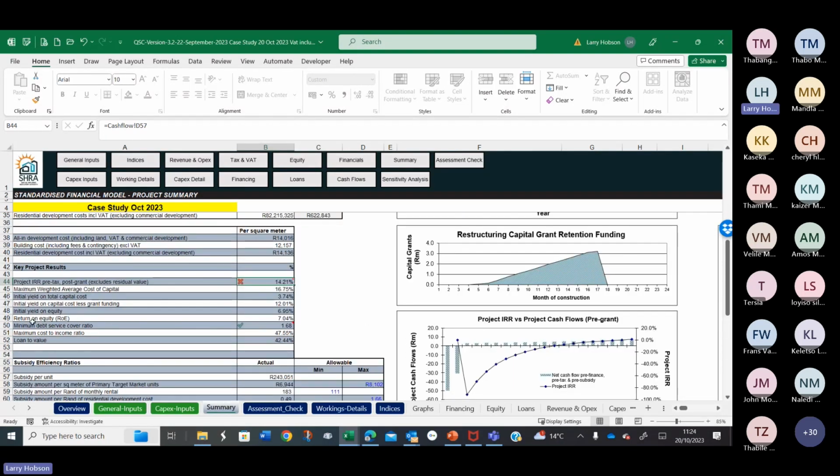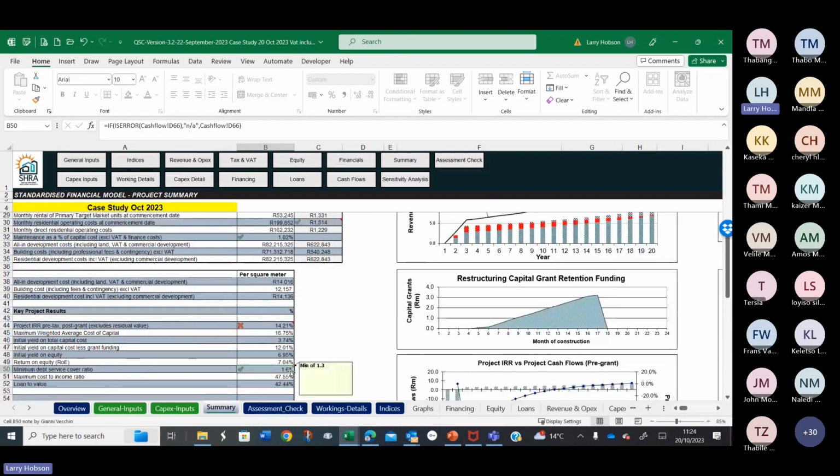Our debt service cover ratio is very good. That's at 1.68. We have got adequate maintenance. Remember, I took a shortcut to getting our maintenance up to the required 1.02%.